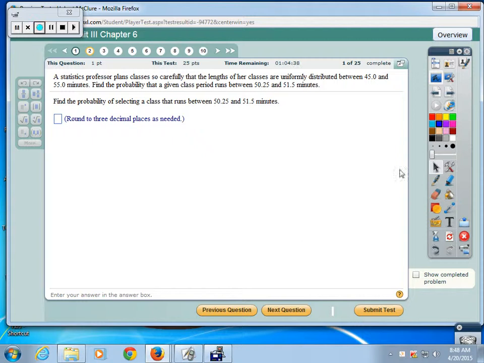Alright, so uniform distribution. This one's not that hard if you follow the directions I gave you.